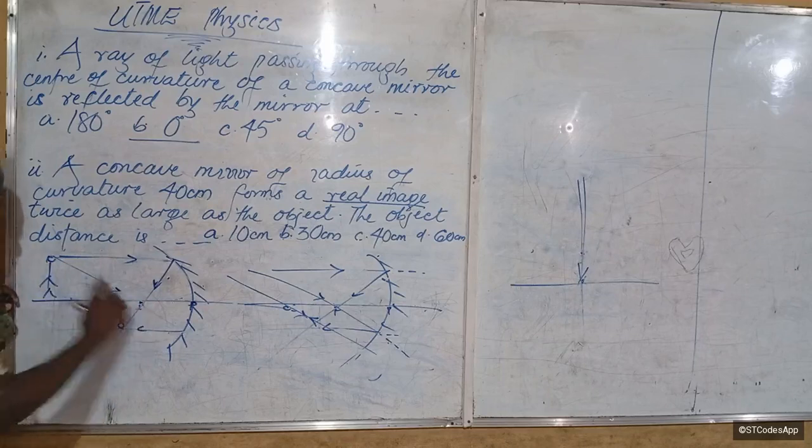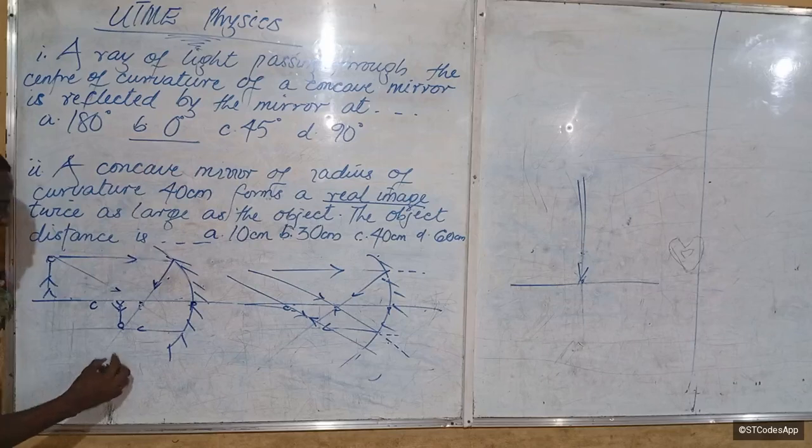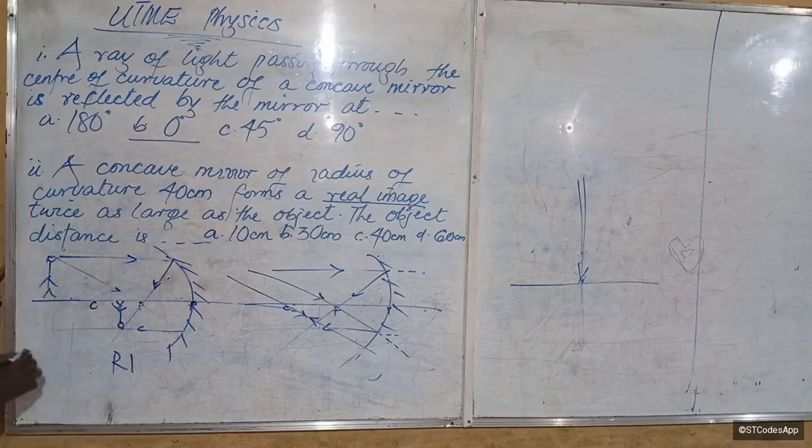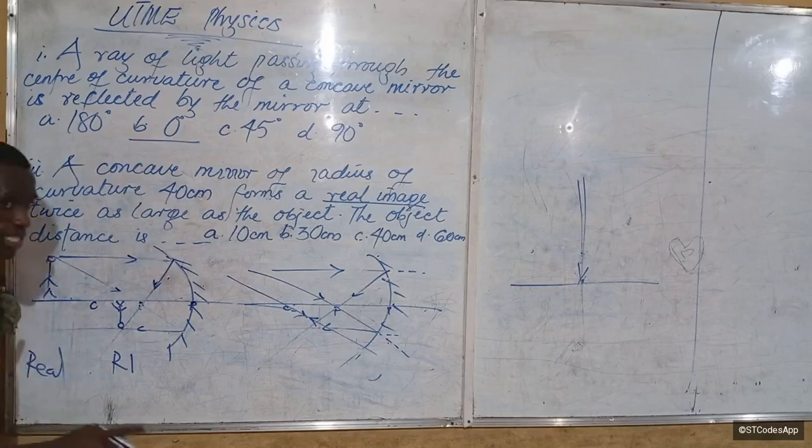The image that is formed first, it is a real image. It is what? Real image. Then it is an inverted image. It is what? Inverted. And remember, real and what? Inverted. Once it's real, it is what? Inverted.